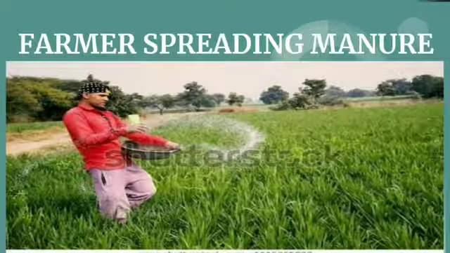How are nutrients replenished in the soil? Have you seen farmers spreading manure or fertilizers in the fields? We know that plants absorb nutrients from the soil. So, their amount in the soil keeps on declining.